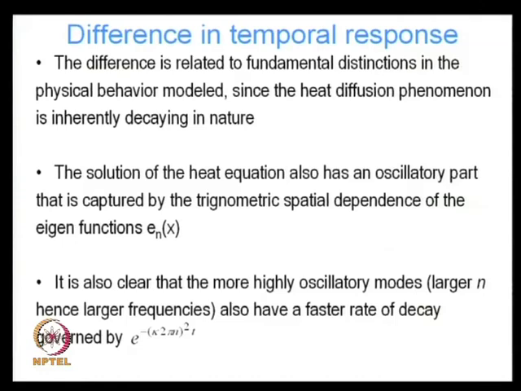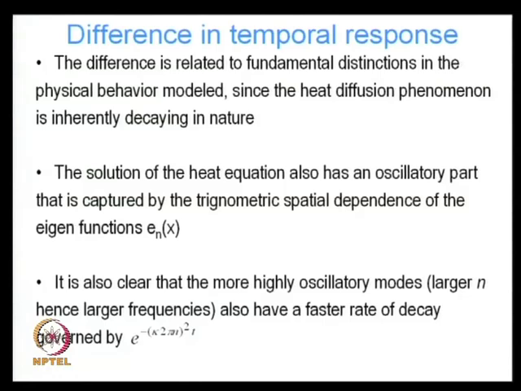So it has an oscillatory part that is captured by the trigonometric spatial dependence of the eigenfunctions E n x, but what is important is that the higher oscillatory modes, right, even in space there are oscillatory modes, and those oscillatory modes will have different frequencies.